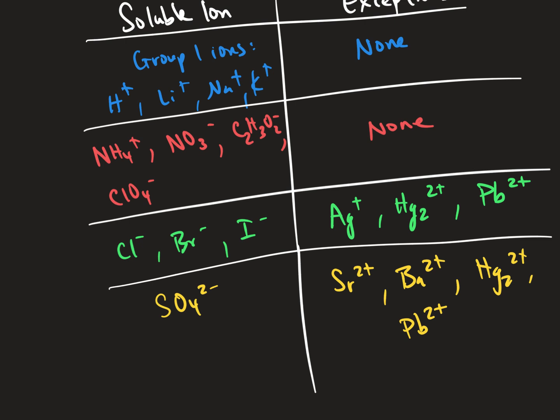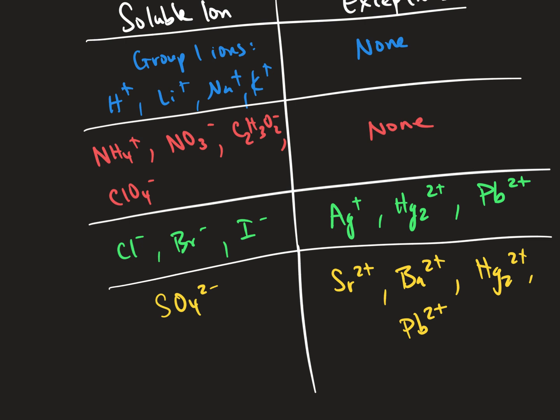So what happens if it's not on this chart? We're going to say it's insoluble. It will not dissolve in water. Good enough? So that's all you need to know. Everything else we'll just assume is insoluble.